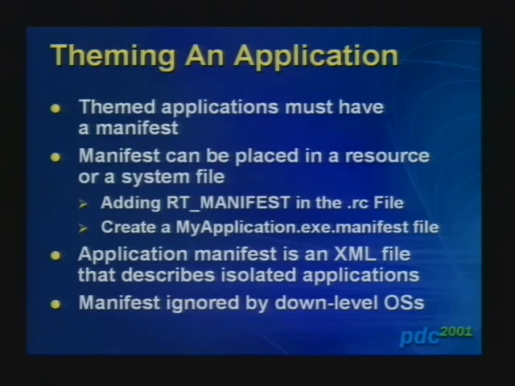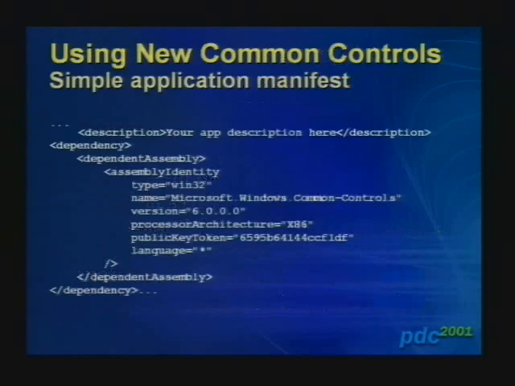I'll give you a demo of that in a second. The manifest is an XML file because we love XML at Microsoft. Everything that we do nowadays will be XML. And the manifest is ignored by down-level OSs. So if you put a manifest in your MFC application, you can still run it on Windows 2000 and Windows 98. You just won't get the new theming, the new visual effects from the theming API.